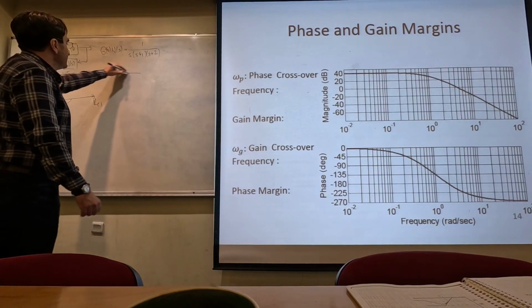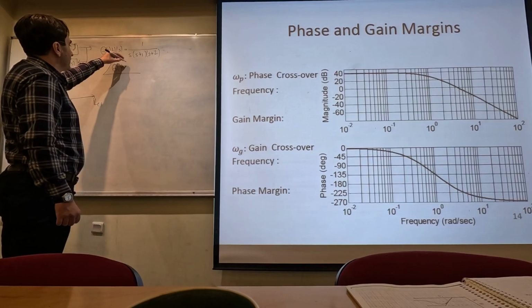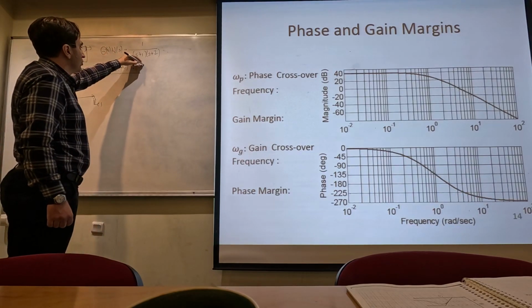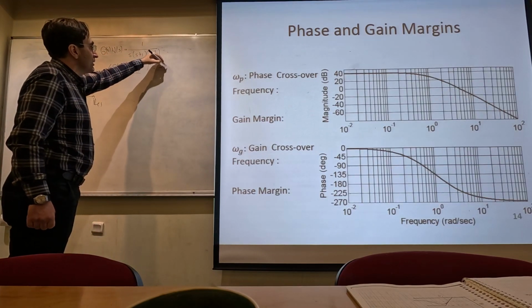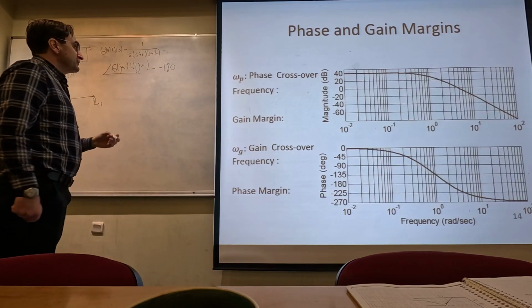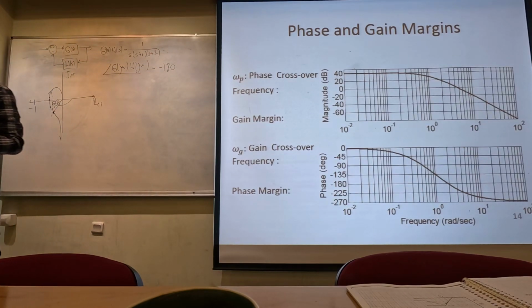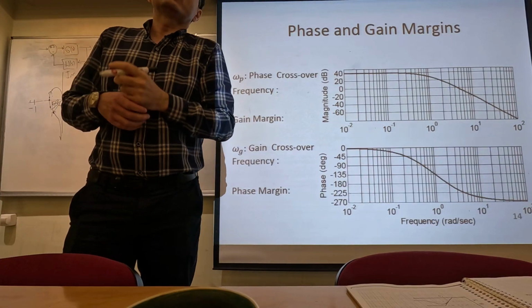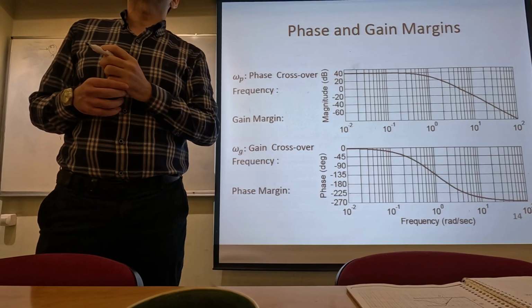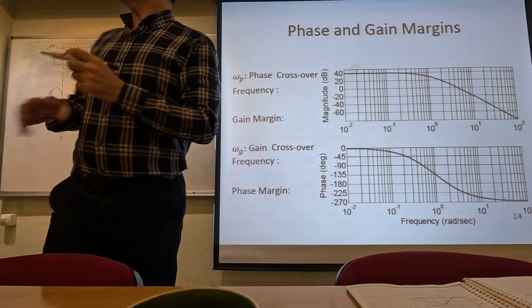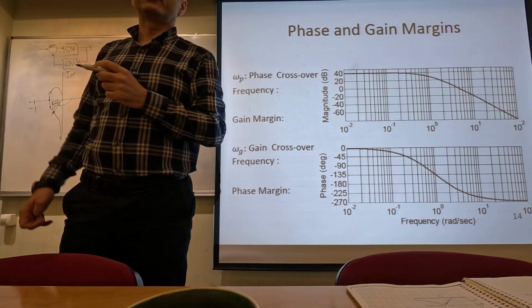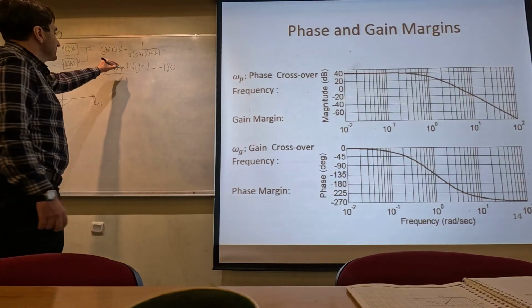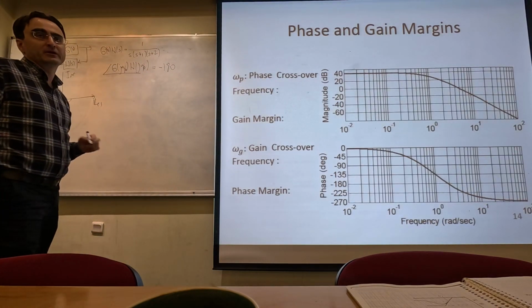When the angle of G(jω)H(jω) is equal to minus 180, this is called a crossover frequency, but which crossover frequency? This is where the phase is crossing minus 180 degrees. That means this is the phase crossover frequency.